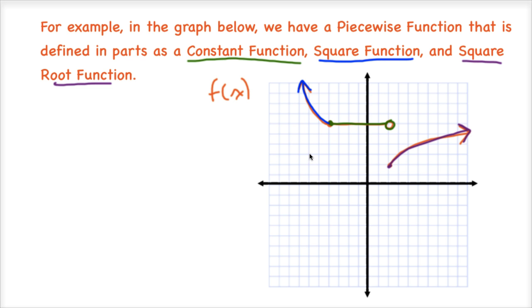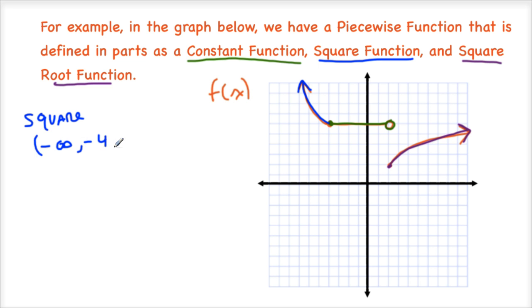But now when we define a piecewise function, we're going to want to identify specifically what intervals represent these different functions. We're not going to use set notation or interval notation, but I do want to identify the intervals. So if we were to use interval notation to identify where we have our square function, the blue one, it's from the x values from negative infinity over here, all the way to -4.